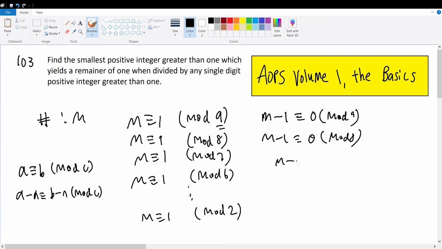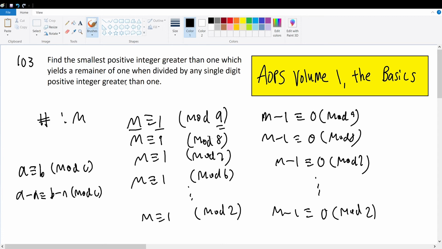Likewise, n minus 1 is congruent to 0 mod 7. And this goes on until n minus 1 is congruent to 0 mod 2. And what the congruent being equal to some constant stands for is that n will give a remainder of 1 when divided by 9, which is the number next to the mod sign.